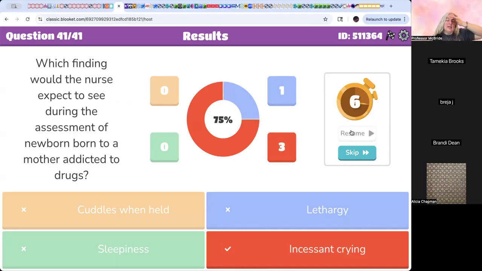One of the things that we try to do as a non-pharmacologic treatment method is eat, sleep, console. So we look at, are they consolable? Are they sleeping? And are they eating? And if they're not, then we have to look further into whether or not they need pharmacologic management of their withdrawal symptoms. The incessant high-pitched cry is a big symptom.